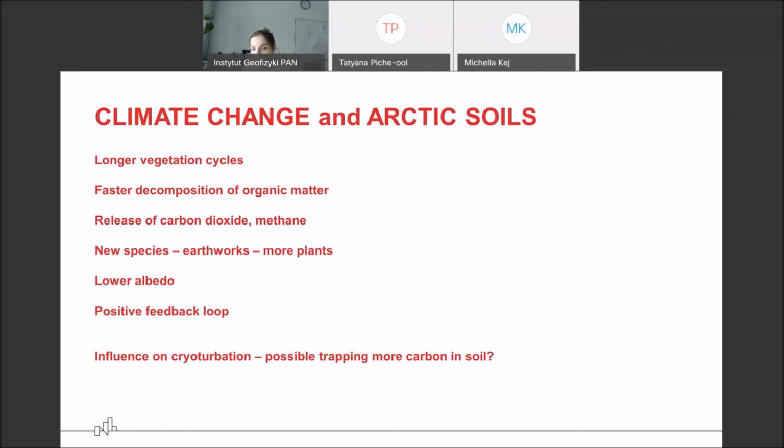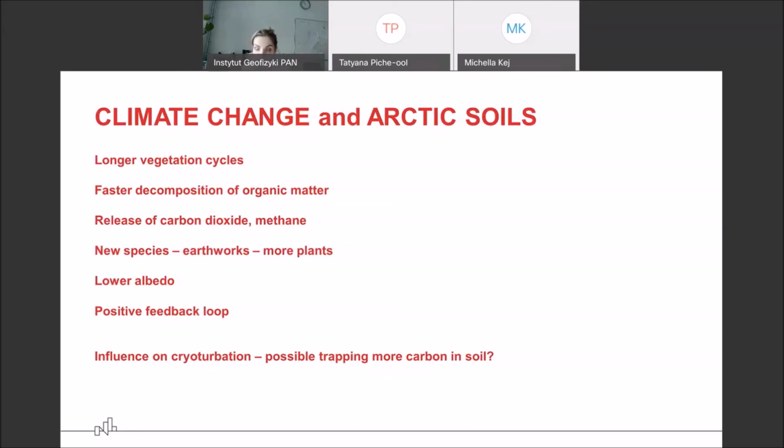Also, we can expect that this sink of carbon will no longer work as a storage, but it will release carbon dioxide and methane instead, which is bad news, especially for climate change and for a potential positive feedback loop. So the more the temperature will cause the Arctic soils to release more carbon, the more the climate change will intensify. So that's why it is a positive feedback loop.